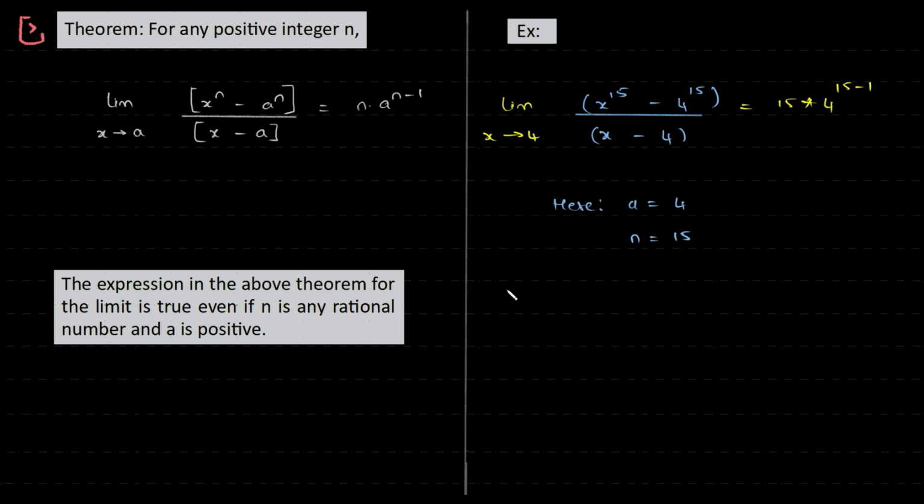So a small note, if we apply 4 in place of x, and this is f of x, so that is f of 4, it would be 0 by 0, which is infinity.